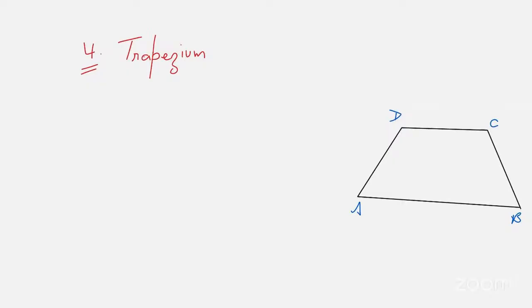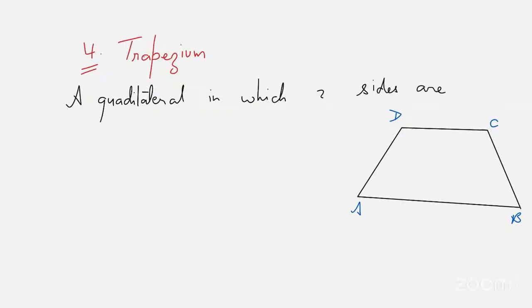A quadrilateral in which two sides are parallel is called a trapezium.